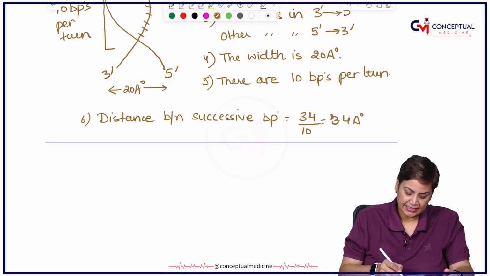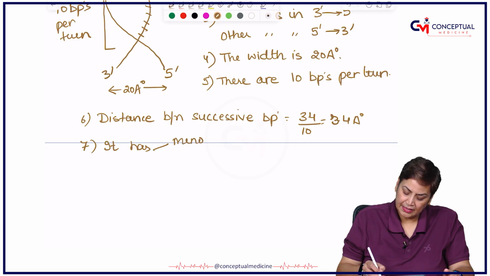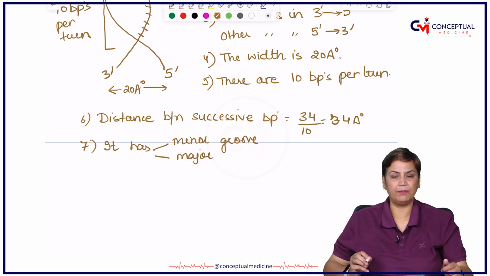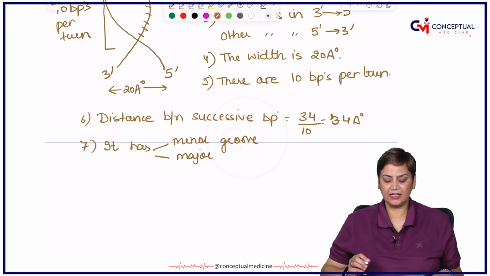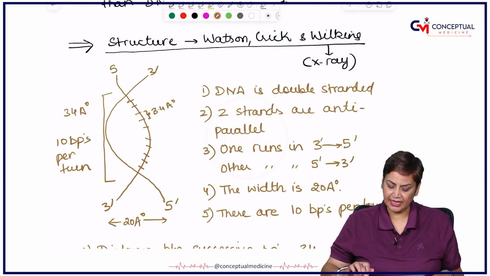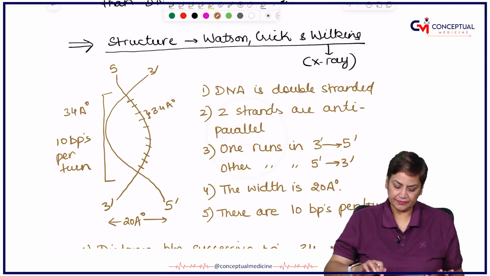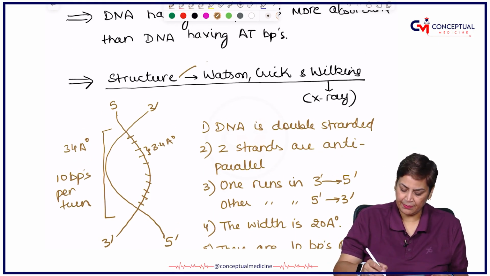And obviously it has a minor groove and major groove. Very important. So these are the postulates given by Watson and Crick, and this is basically about B-type DNA. Okay, the structure of B-type DNA.